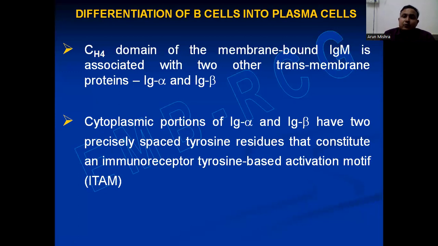The CH4 domain of the membrane-bound IgM is associated with two other transmembrane proteins known as Ig alpha and Ig beta. The cytoplasmic portions of Ig alpha and Ig beta have two precisely spaced tyrosine residues that constitute an immunoreceptor tyrosine-based activation motif, or ITAM.